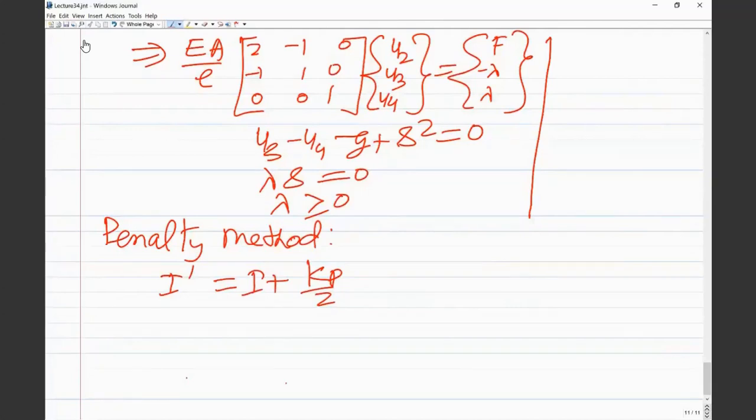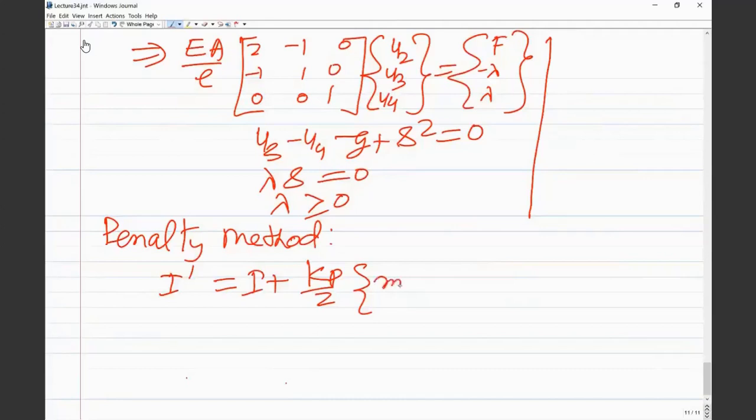Where we said let us solve separately for f greater than f star. So now here what we want to add is, if u3 minus u4 minus g is less than 0, then the constraint is satisfied, we need not add any penalty term. But if u3 minus u4 minus g is greater than 0, then that is a violation of the constraint, and the corresponding penalty term should be added.